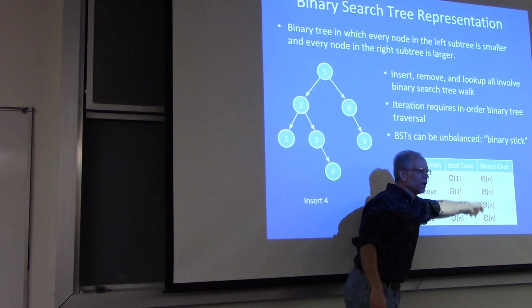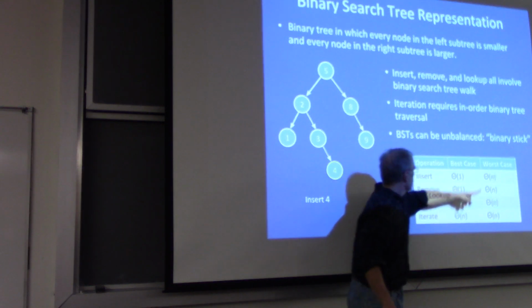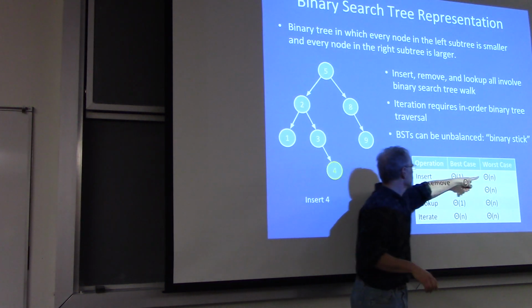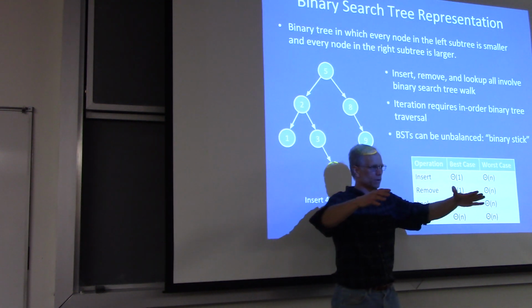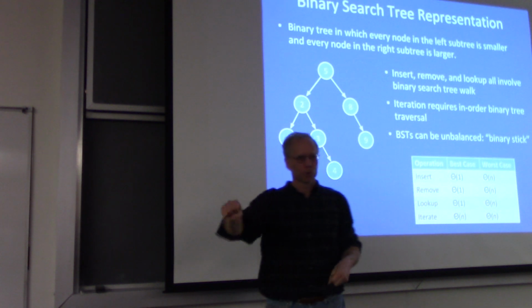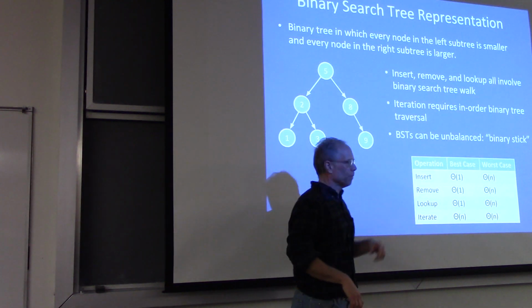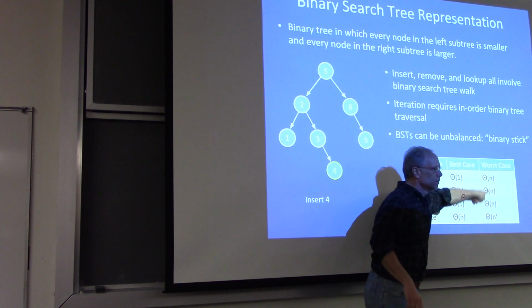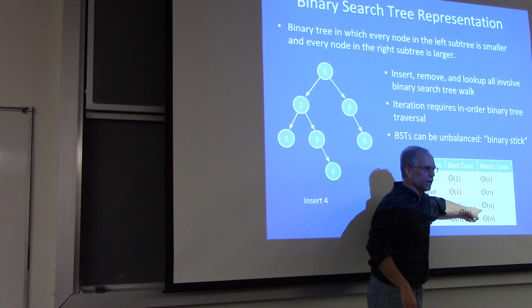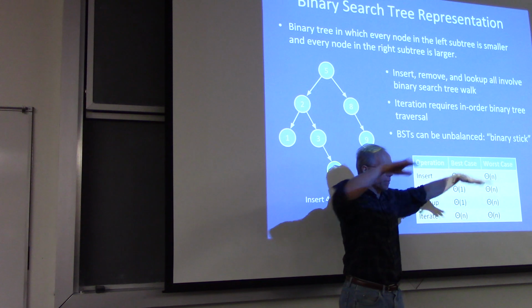These 3 worst cases become log n. The worst case for insert is working your way down to the leaf. The worst case for remove is working yourself down to the leaf, assuming you've got to remove a leaf. And for lookup, the same goes. The depth of it depends on the maximum depth of the tree.